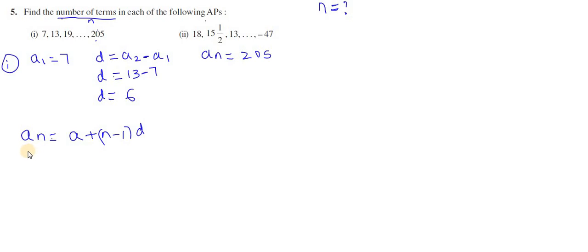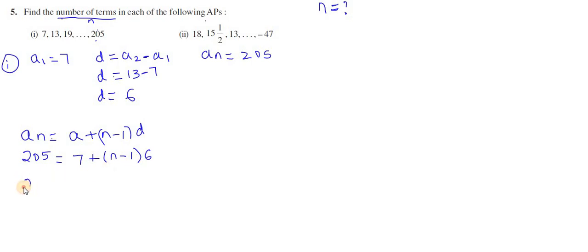So here an is 205. Substitute the values. 205 is equal to a, the value is 7, plus n, we don't know, so write that value as it is, n minus 1 into d, the d value is 6.